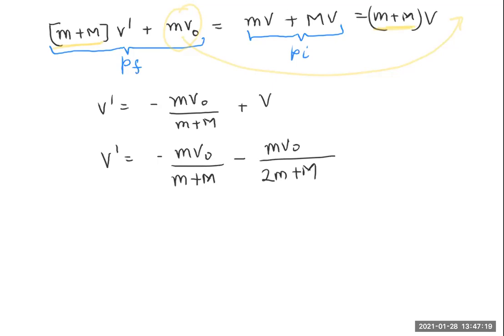So the system that I had to choose was the cart and two people on it. Now, after person A has jumped off, I don't need to consider that guy. So I consider only cart and B, person B.